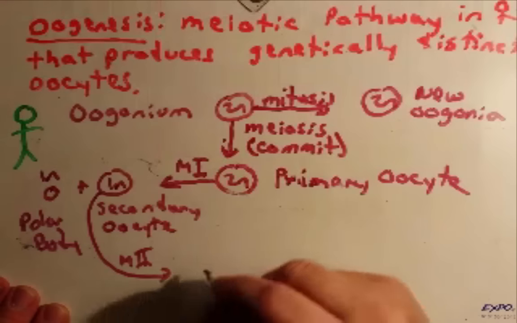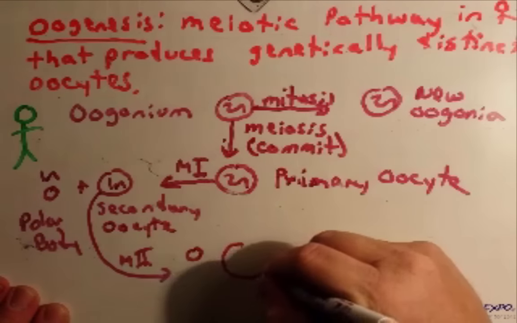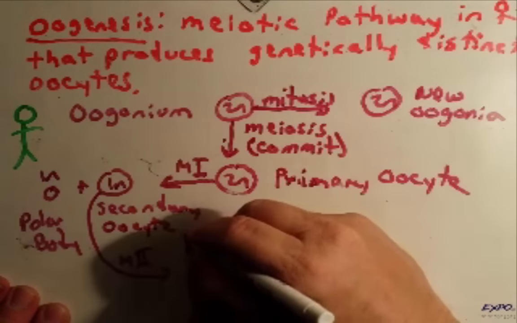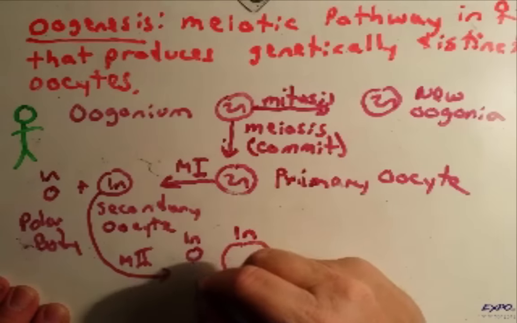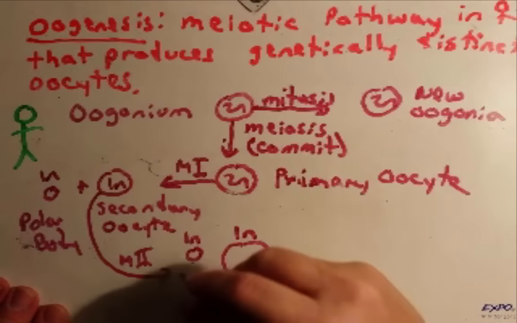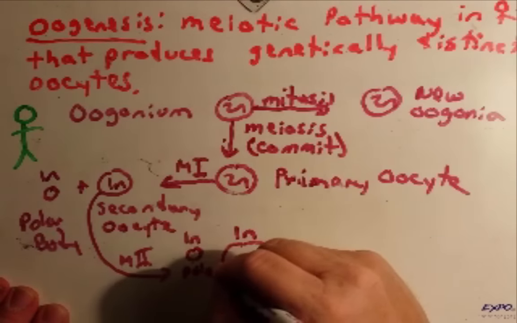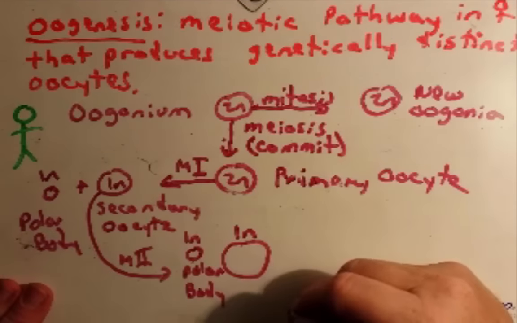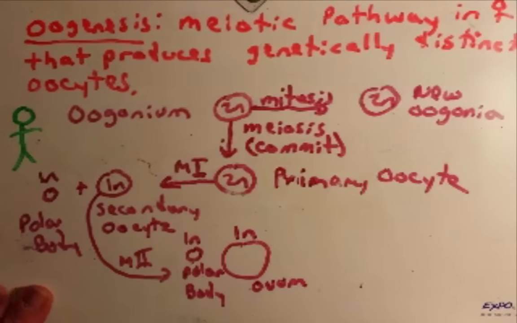As it completes meiosis 2, it will generate a smaller cell and a much larger cell. These are still both haploid, but this one is too small to be used in reproduction. And so this is another polar body. This one here is the ovum, the egg that will be used in fertilization.